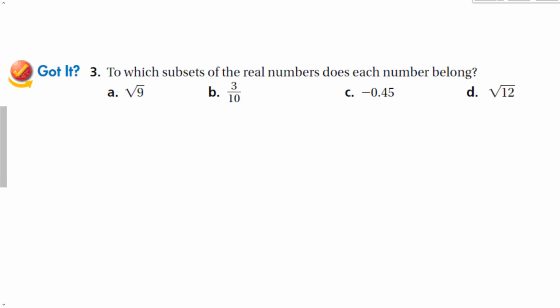Okay? Now don't be fooled with A. It's a square root, but the square root of 9 is 3. So we have to simplify things first before we start classifying them. Okay? So to what set does this belong?